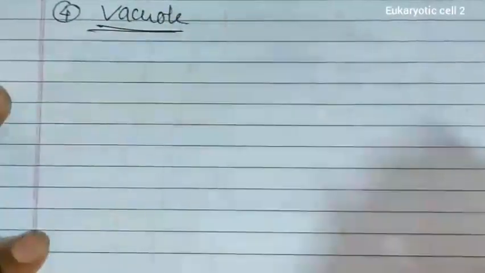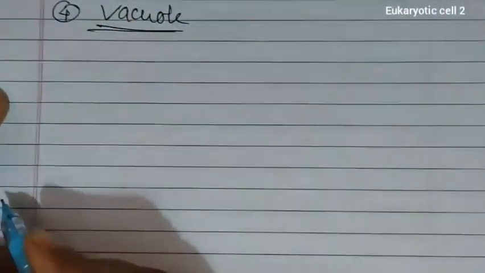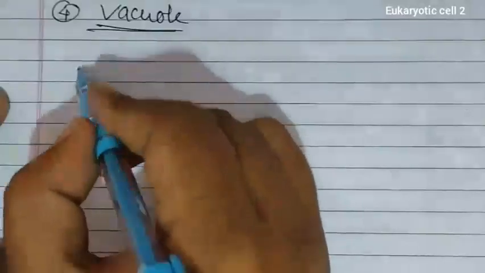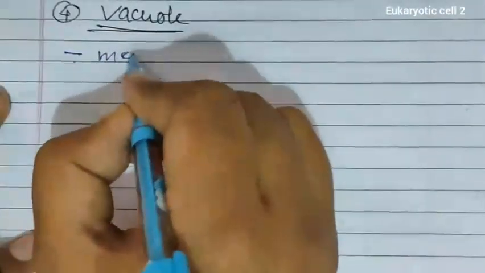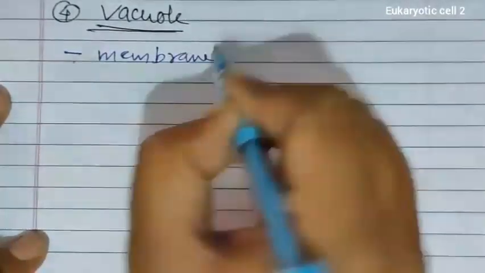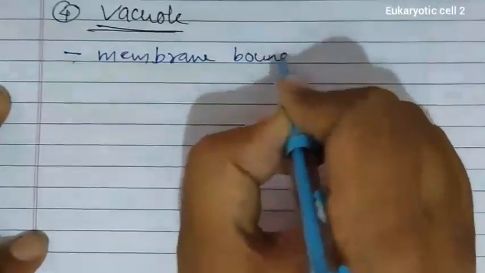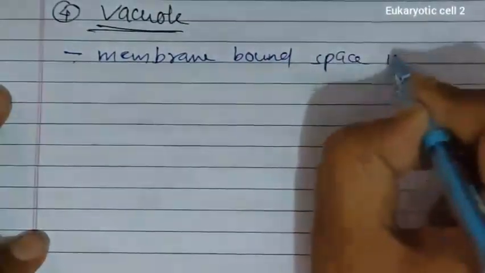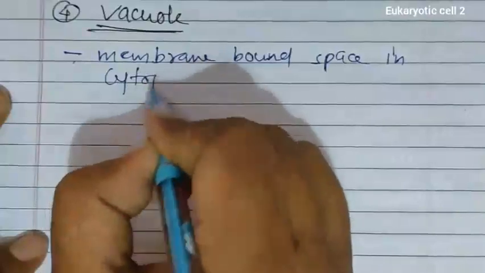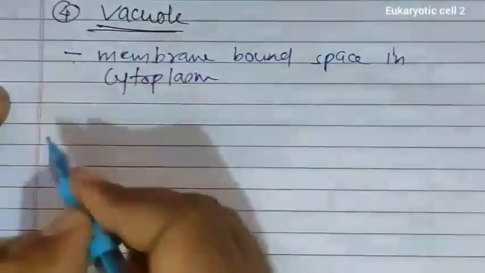So the last component of the endomembrane system is vacuole. Now when we talk about vacuole, it is a membrane bound space in the cytoplasm.